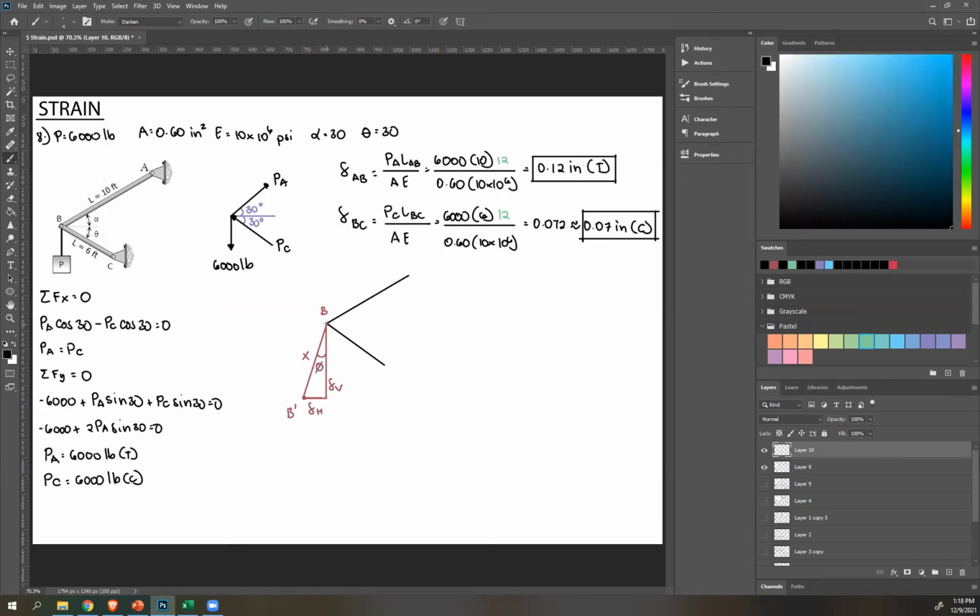So one way to analyze this is that rod BA has an elongation. So if you try to draw that, extend it, it's going to look something like this in elongation, right? And that relates to this total displacement this way.